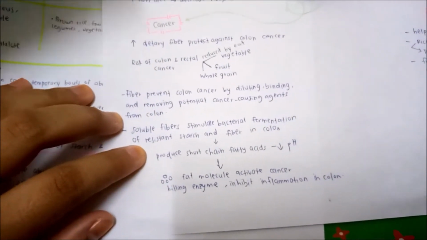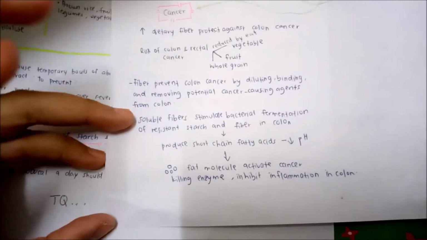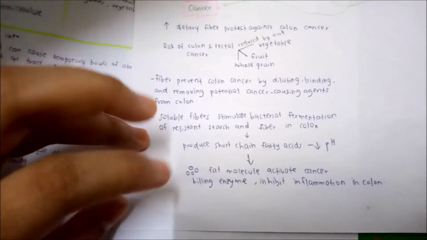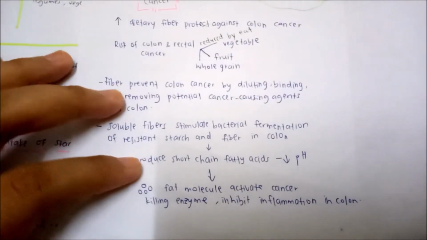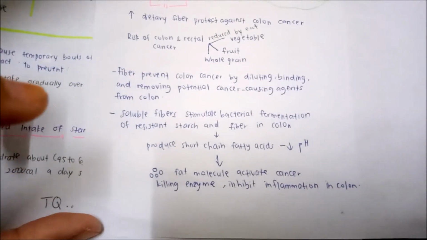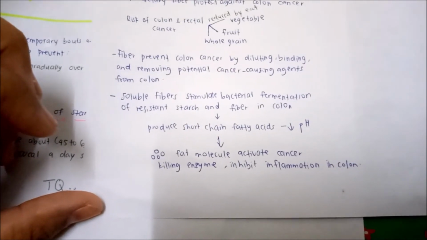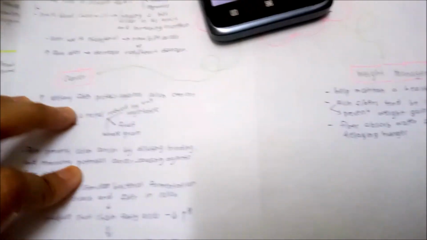Soluble fiber stimulate bacterial fermentation of resistant starch and fiber in colon, di mana dia akan produce short chain fatty acid, di mana mempunyai pH yang rendah. Kemudian molekul-molekul kecil fat tu akan activate cancer killing enzyme, inhibit inflammation in colon.